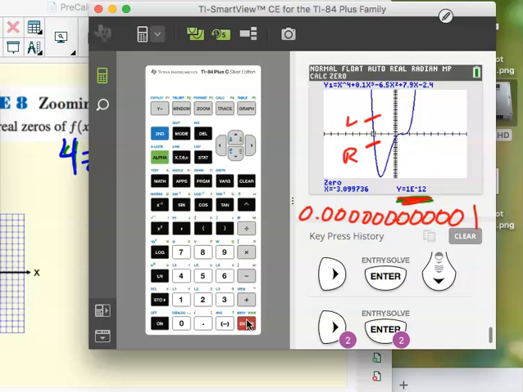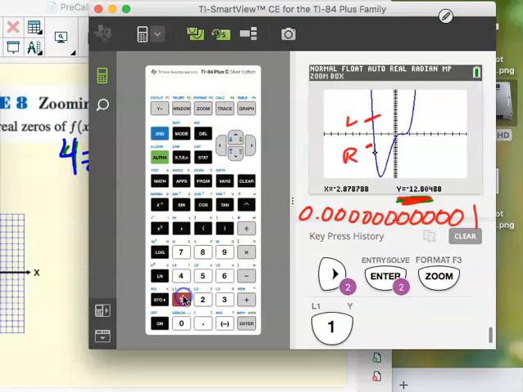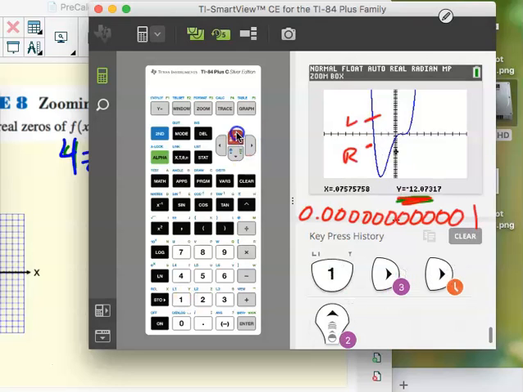Well, the next ones, as I'm looking at this portion of the graph, it's kind of hard to see whether or not that really does cross or it doesn't. And so what I want to do is get a better picture of what's happening. And that's a really good job for Zoom Box. So Zoom, number 1. And Blinky was still over here, so we're going to have to move Blinky quite a bit.